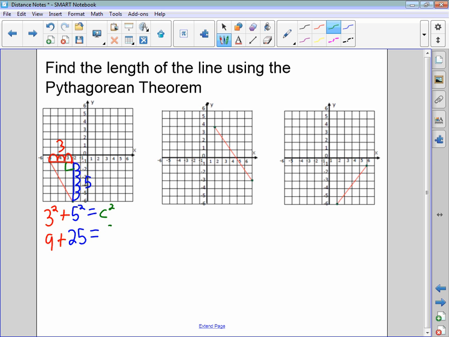It all still equals C squared. 25 plus 9 will give us 34, equals C squared. We'll take the square root of both sides, and when we take the square root of 34, we get 5.83, so C equals 5.8.